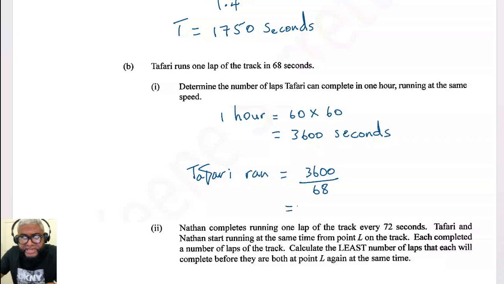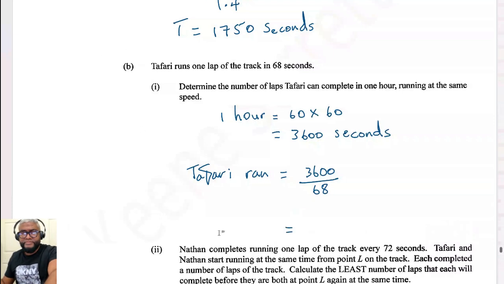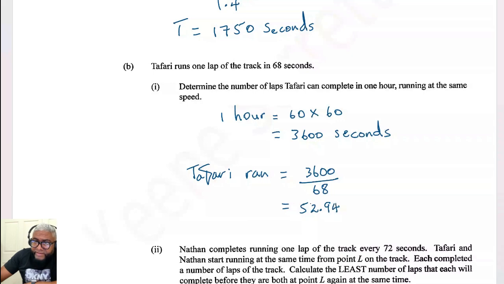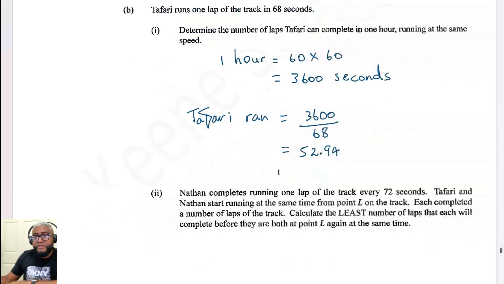How many laps is he running? 52 or 53 laps. We're not approximating. It's 52.94, so watch it. If it's 52.94, it means he didn't complete that last lap.